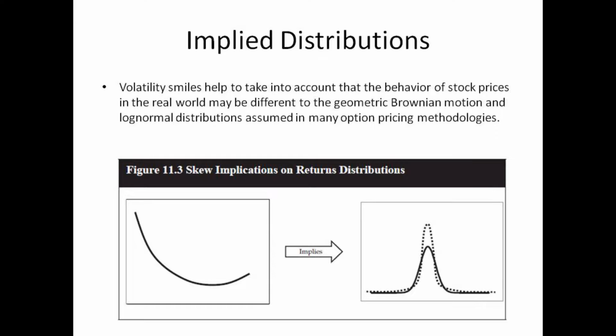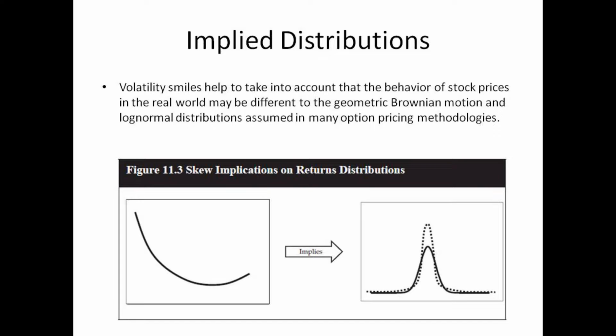Well, to a certain extent, this skew and the smiles take this into account, because when you have a skew, when you have a higher price for out of the money options and in the money options than at the money options, what that really does is, if you were to flatten out the smile and look at the distribution that's implied by that, you would see a distribution with fat tails.